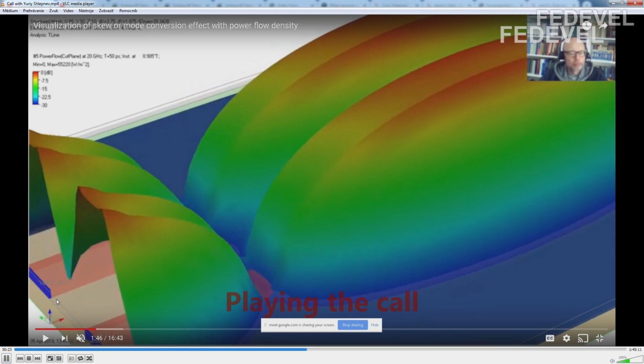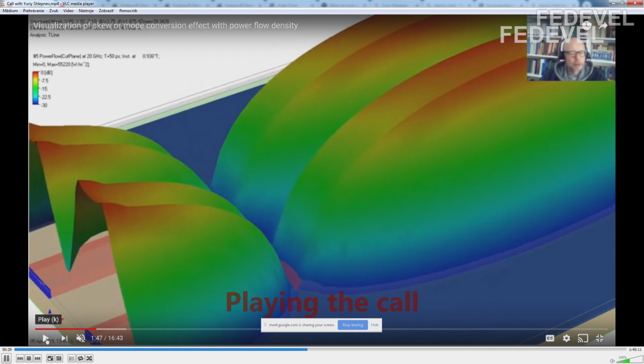Yeah, the currents were flowing in a different direction. It's really difficult to understand what's going on. The voltages or electric field was going in the opposite direction on the traces, but the power is flowing in the same direction. This is a differential signal.